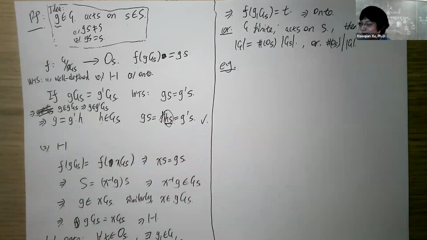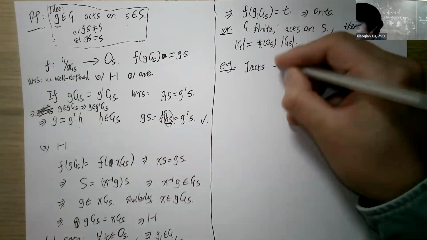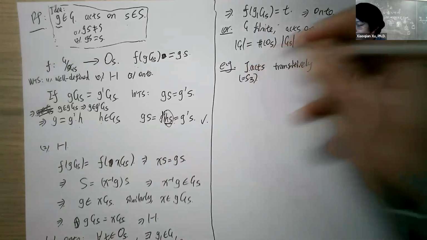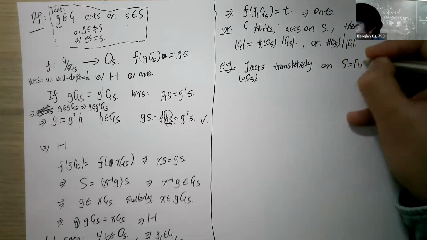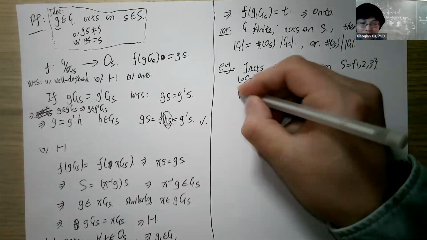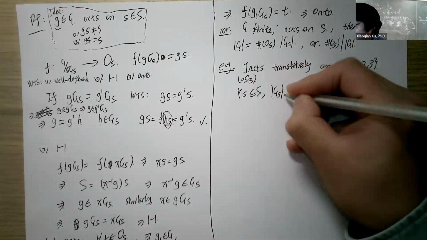One example is, well, we know that the symmetric group of an equilateral triangle, S3, acts transitively on the set {1, 2, 3}. Right? This is super clear. It's transitive. Then we know that for any s in S, what is the order of G_s?